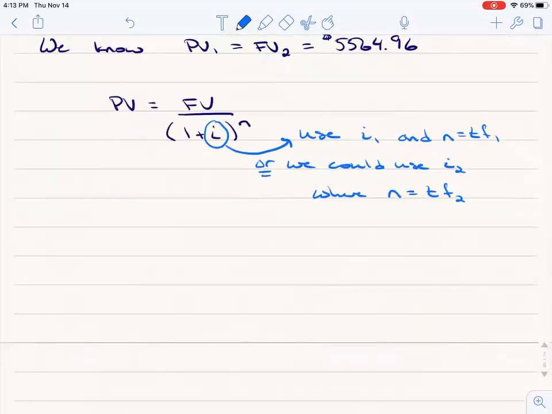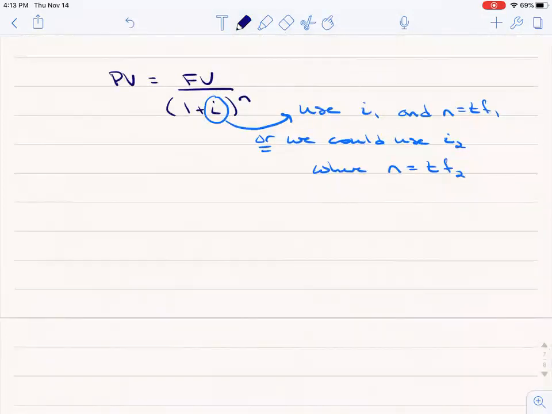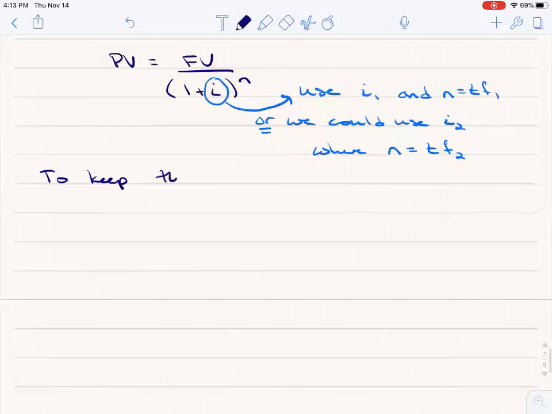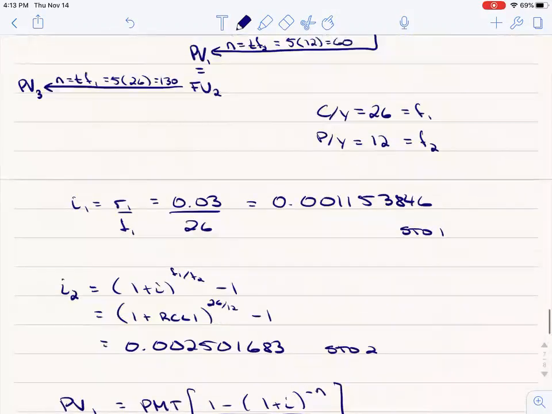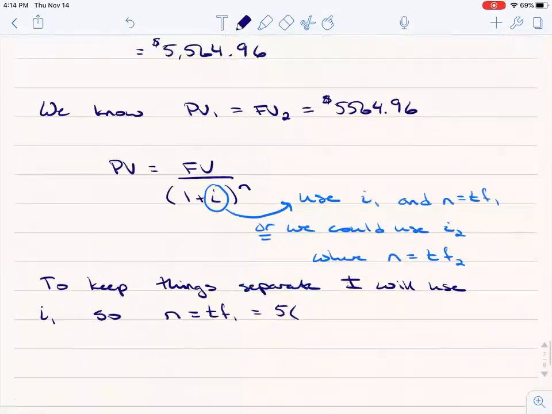It actually doesn't matter as long as our n's match our i's. So just to keep things separate, I will use I1. So n must be the time times F1, which is 5 years times 26, which is 130.